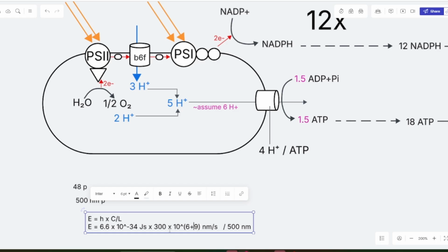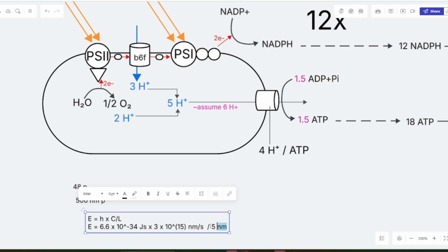So let me just check that again, 300 million meters per second, and if we were to convert into nanometers, we would have to add another 9 zeros. Yeah, so that should be good. And so this is 15, and right away we also see that we can remove a few zeros here. So I'm going to remove these 2 zeros, and now we've got a little bit of a simplified equation here.